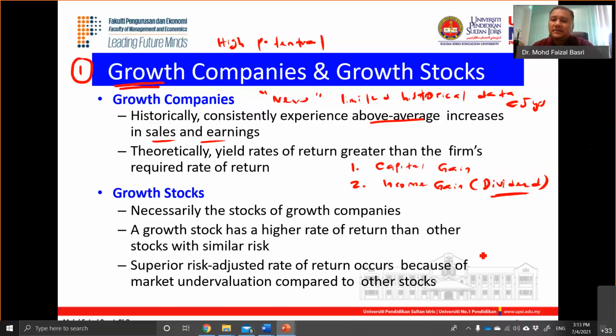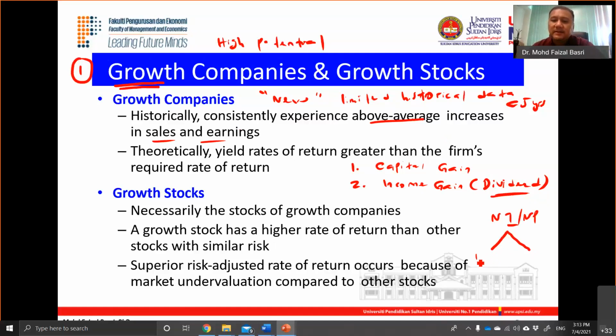Why? Because of this. Remember, where is the source of dividend payments? As a company, the dividend comes from the net income, the net profits. So if the company earns high net profit, for example, since they are a growing company, the net income will be split into two funds.